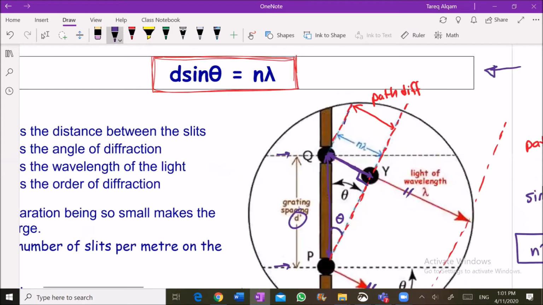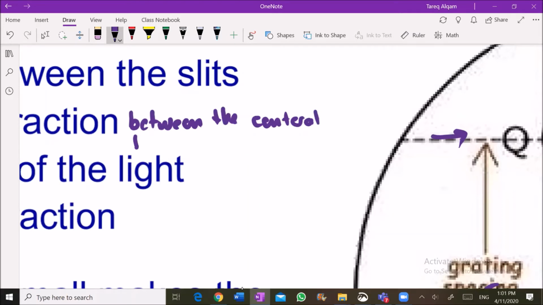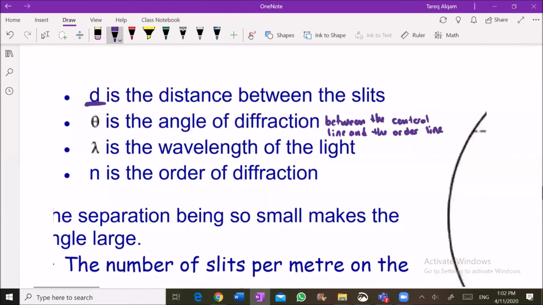This angle will be measured later on, I will show you, between the central line and the order line. I will show you that. Lambda is the wavelength, and n is the order of diffraction.